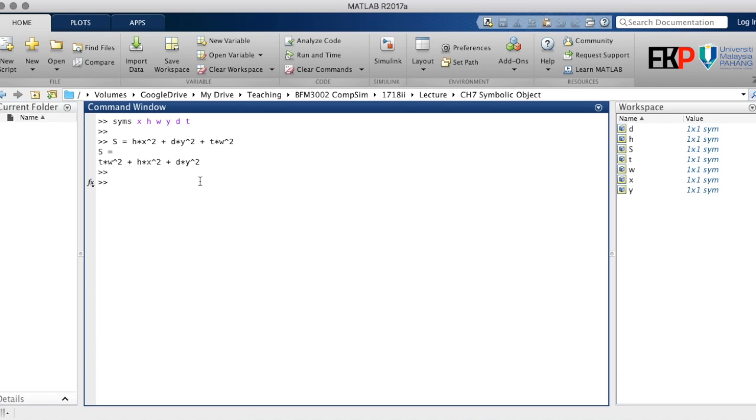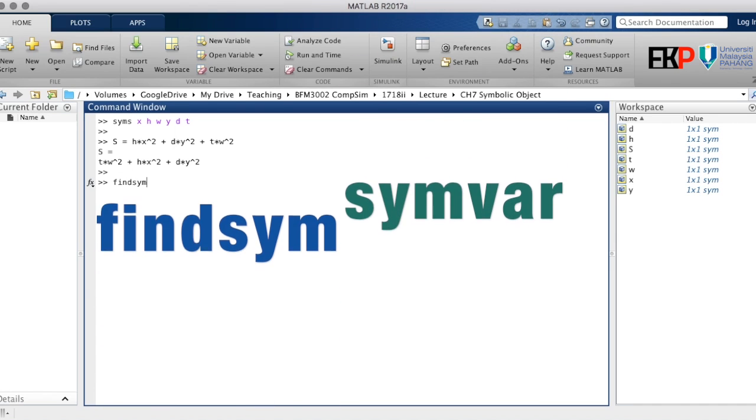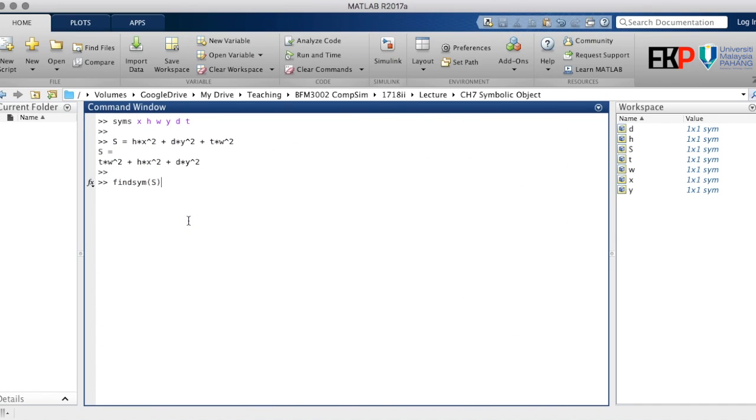So that is a command if, let's say, we want to find out what are the symbolic objects within this expression s. So we can use the command findsym s, for example.